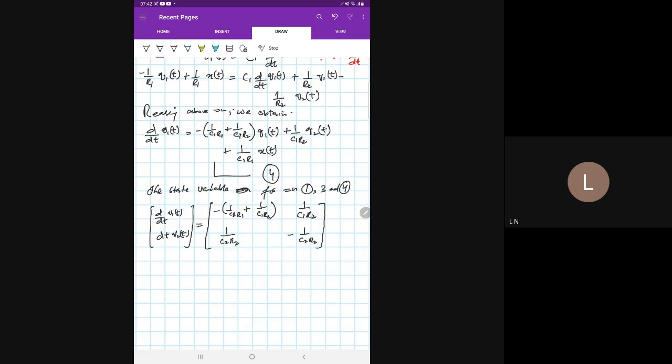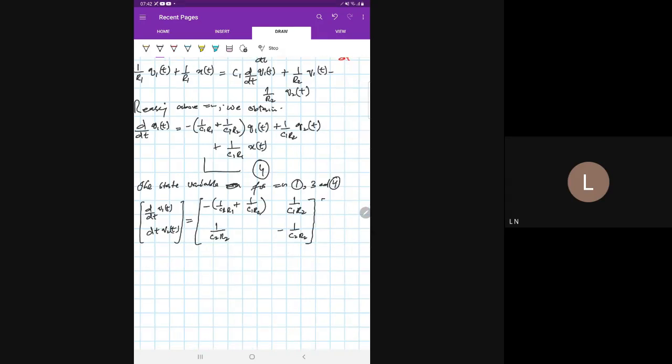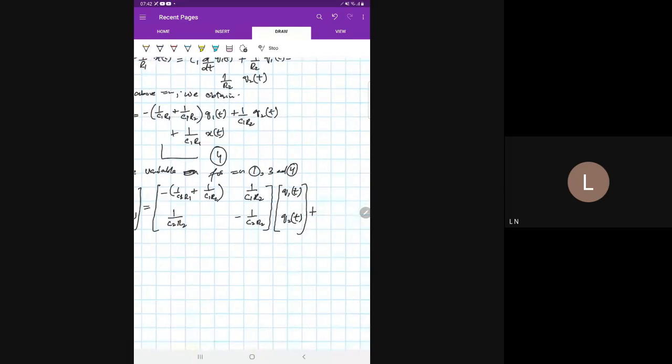This is multiplied by the state variable vector q1 of t and q2 of t, plus 1 by c1 r1 and 0 multiplied by x of t.